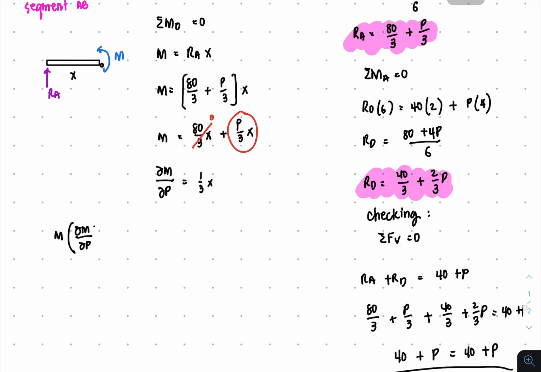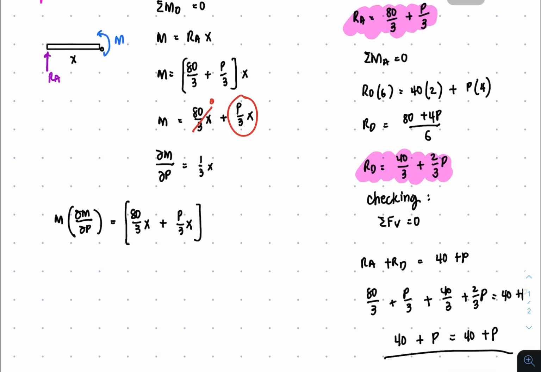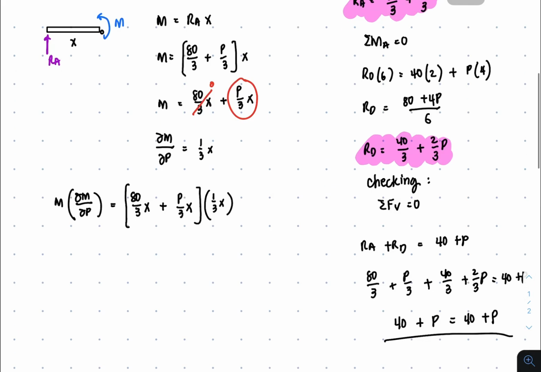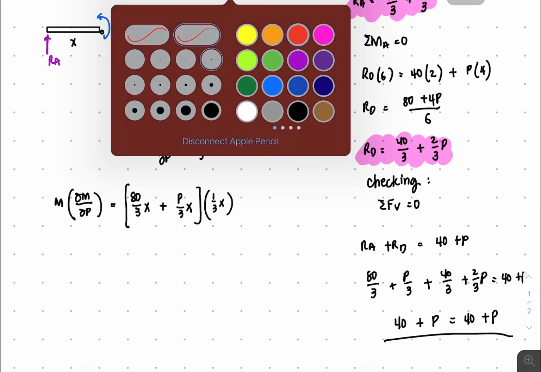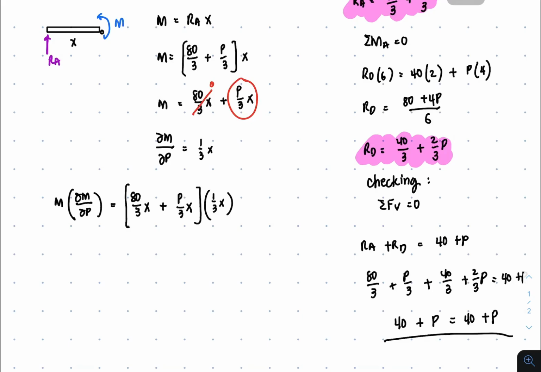This time, we can now create the product of M and the partial derivative of M with respect to P, equal to 80 over 3x plus P over 3x times the 1/3 of x. In this case, the last procedure, we're going to set all the terms with P equal to 0 there.